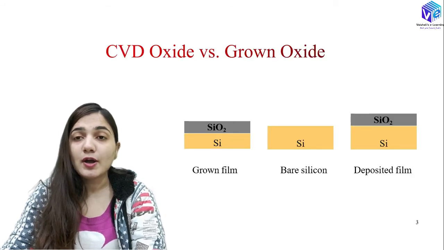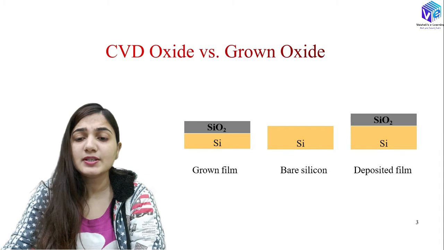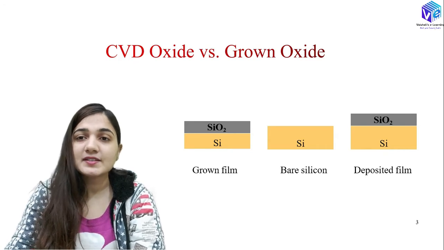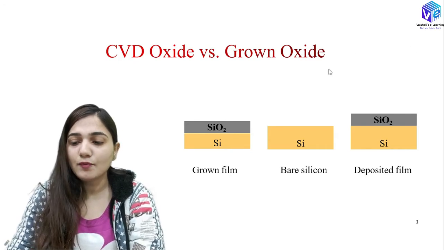So now coming to a question: how is CVD oxide different from the grown oxide? When we grow oxide on the silicon layer, this is how we will have the grown oxide film. This is my bare silicon.